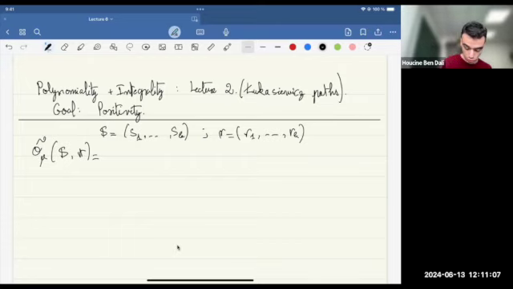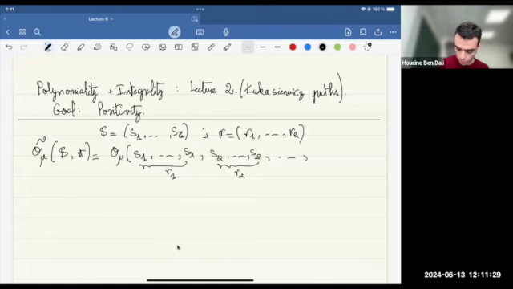What we know from the definition is that this is exactly the Jack character in which we put R1 times S1, then R2 times S2, and so on until RK times SK.